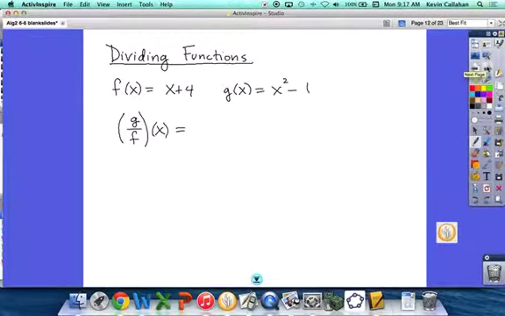Okay, so here's another one. Just to show you, now we're doing g over f of x. And again, this time we're going to state the domain. Okay, g over f of x will be g of x over f of x, which is x squared minus 1 divided by x plus 4.